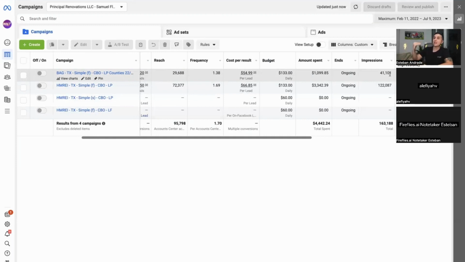So it actually counts every time it shows up, even if it is the same person that sees that thing multiple times. So imagine when you're running an ad and you're showing it to your prospects, and even if they see it 2 times on their phone, it actually counts as impressions. So now imagine we are showing it almost 2 times, then it would be close to 60,000 impressions.